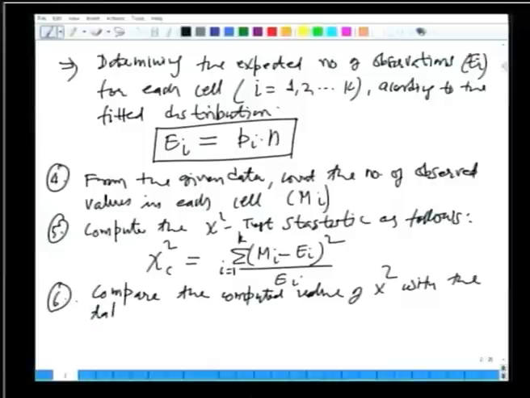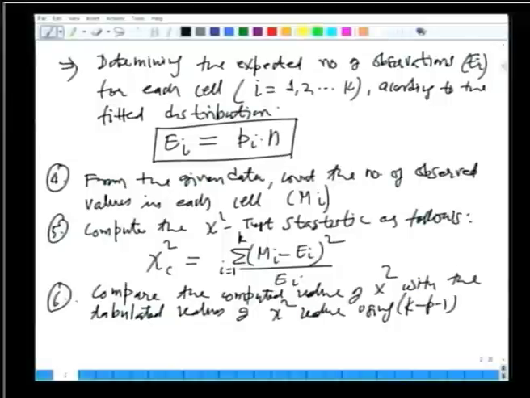The standard statistic is always available in standard tables. The tabulated values of your chi-square value using k minus p minus 1. What is it? This is degrees of freedom.